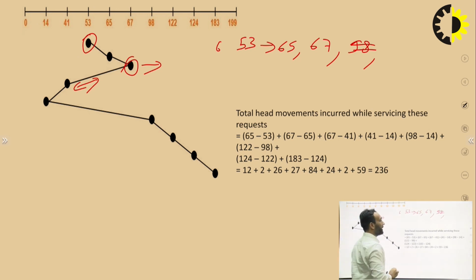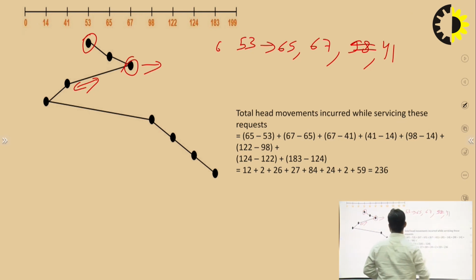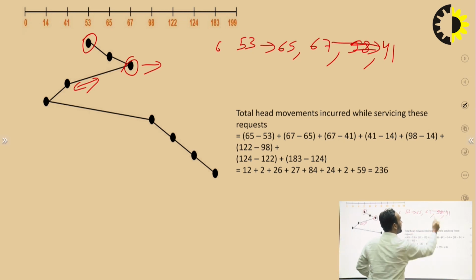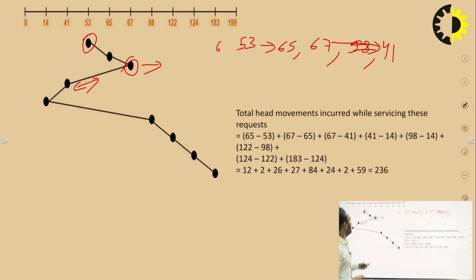Which one is nearer? It will go to that head location, right? So according to it, the next location will be 41, because the difference between 67 to 41 is less as compared to 98. And after that, it will go from 41 to 14 and it will move again to 98 and 122, 124 and finally move to 183.